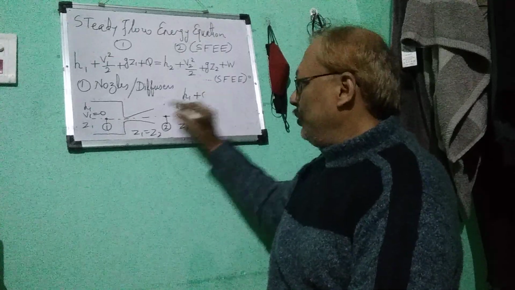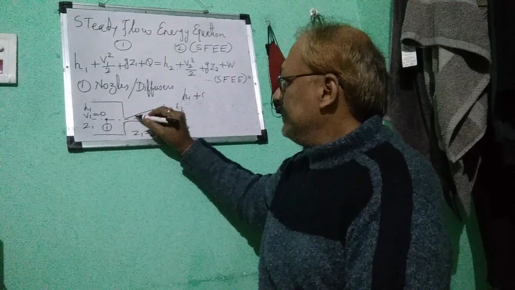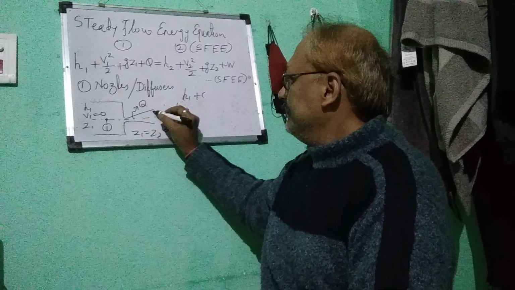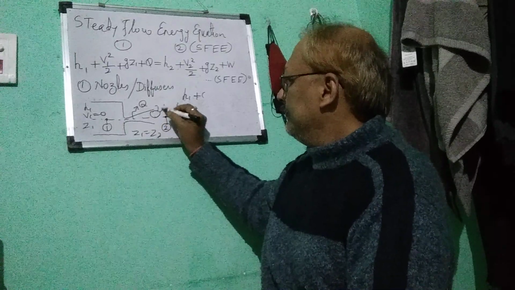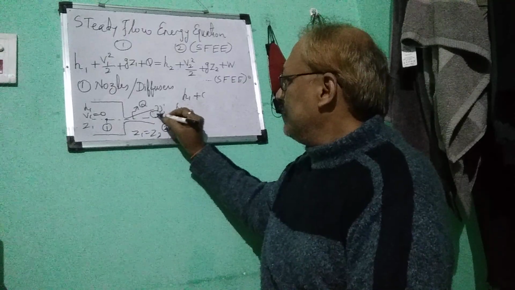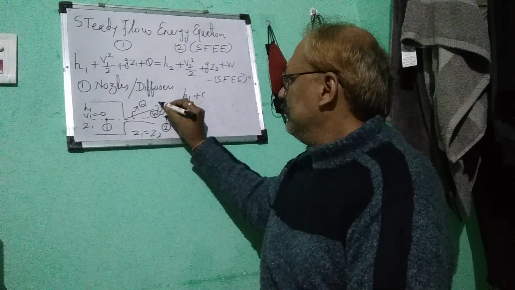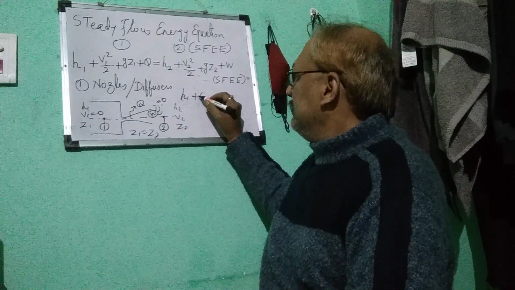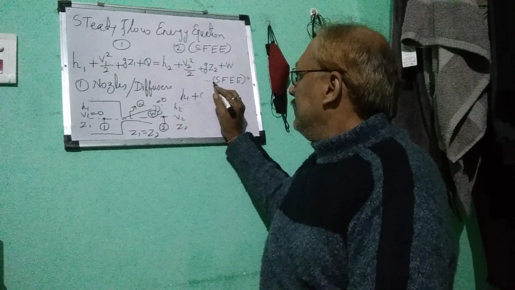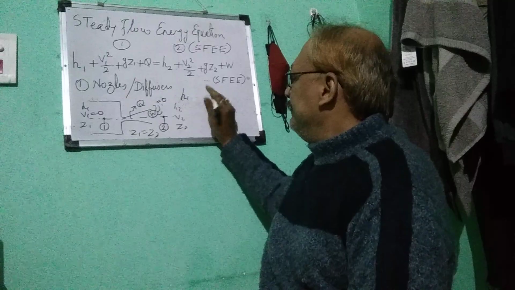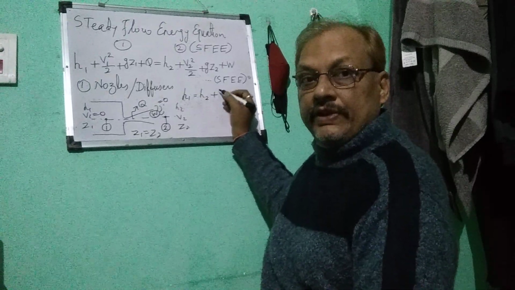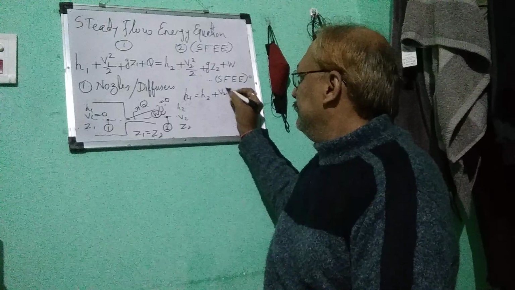Q is also 0, there is no heat transfer, and work done is also 0. So H1 equals H2 plus V2 square by 2.